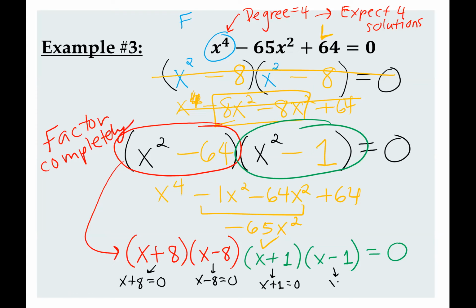And then x minus 1 equals 0. If we solve each of those equations for x, we can do it either by adding or subtracting, depending on the equation. We will get negative 8, positive 8, negative 1, positive 1. Those are our 4 solutions.